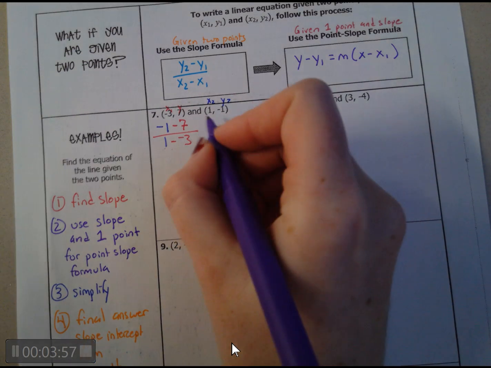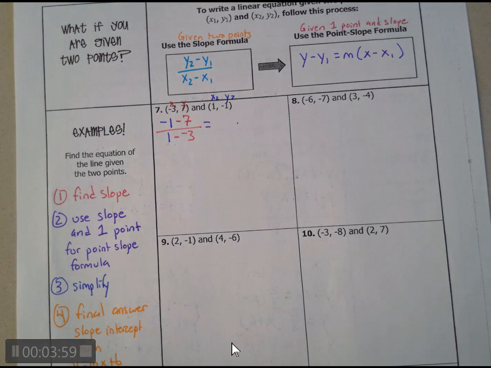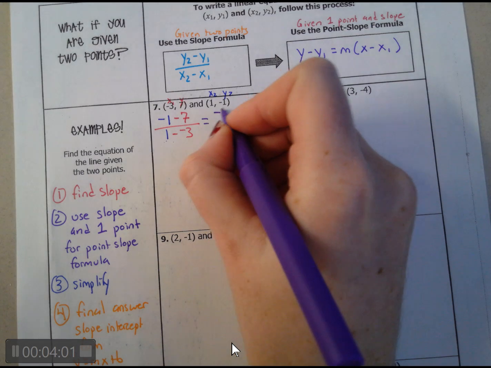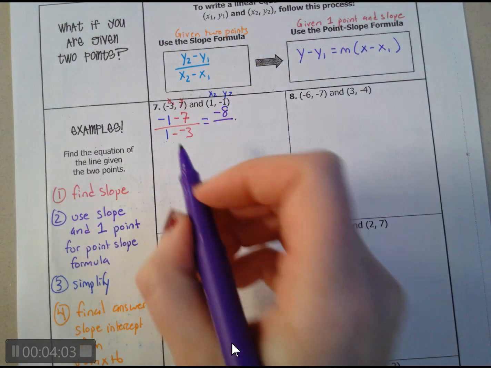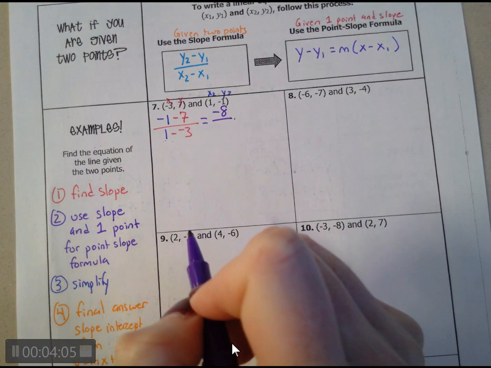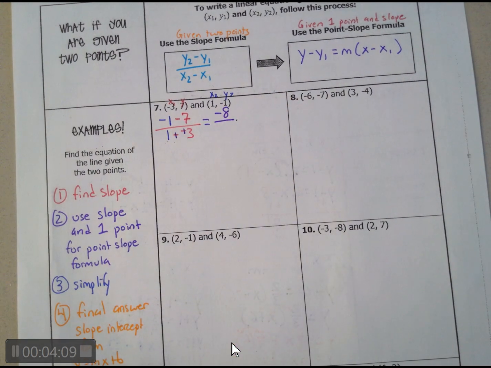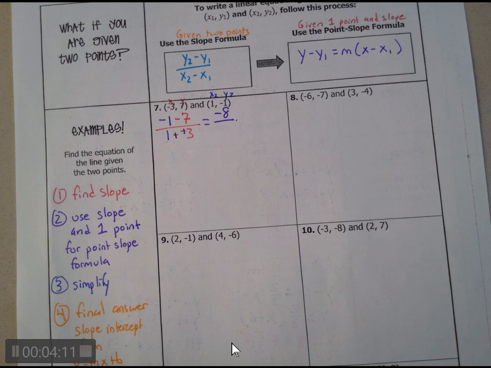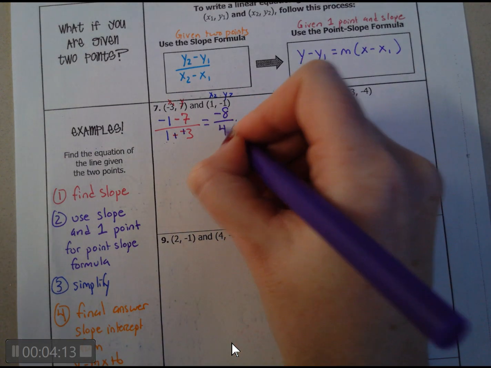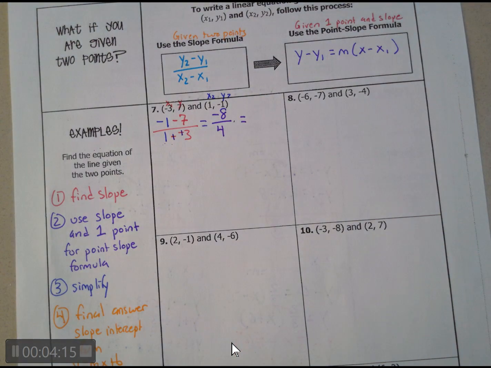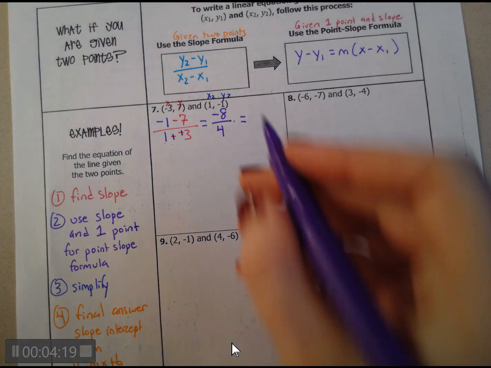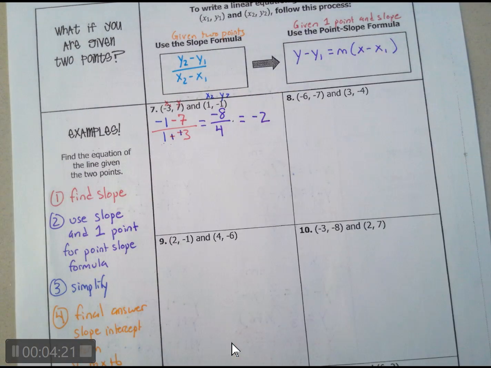So let's go ahead and do that. So -1 minus 7 gives me -8 over 1 minus a -3. Well, remember, negative makes this positive. So what is 1 plus 3? Good, it's 4. And then our final answer is -8 divided by 4, which gives me -2.